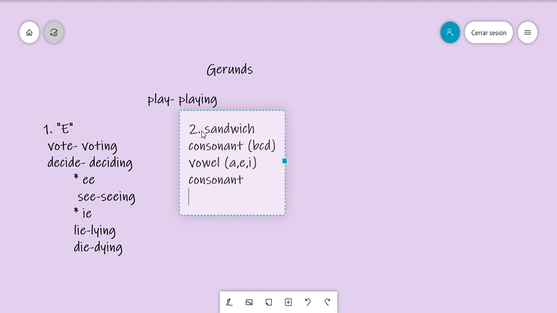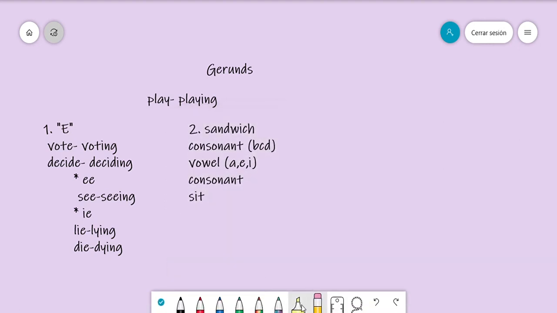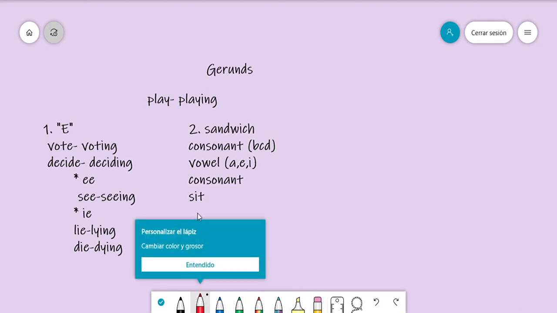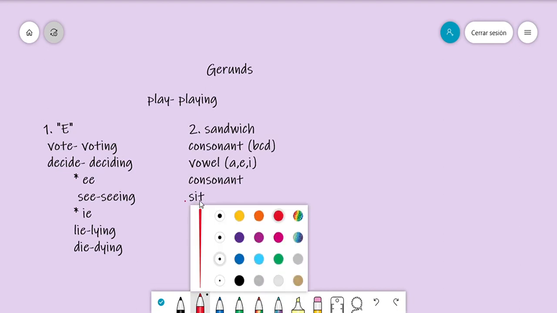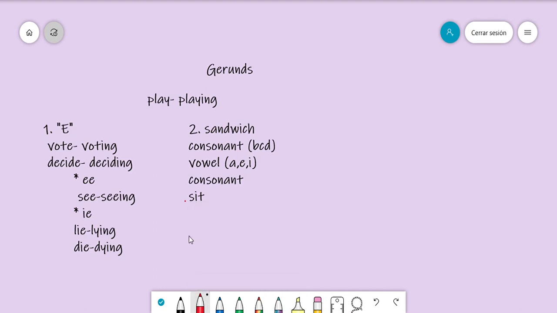For example, you have the word sit. Okay? In this case, you have the word sit like this. You have the consonant, you have the vowel, and you have your consonant like this.